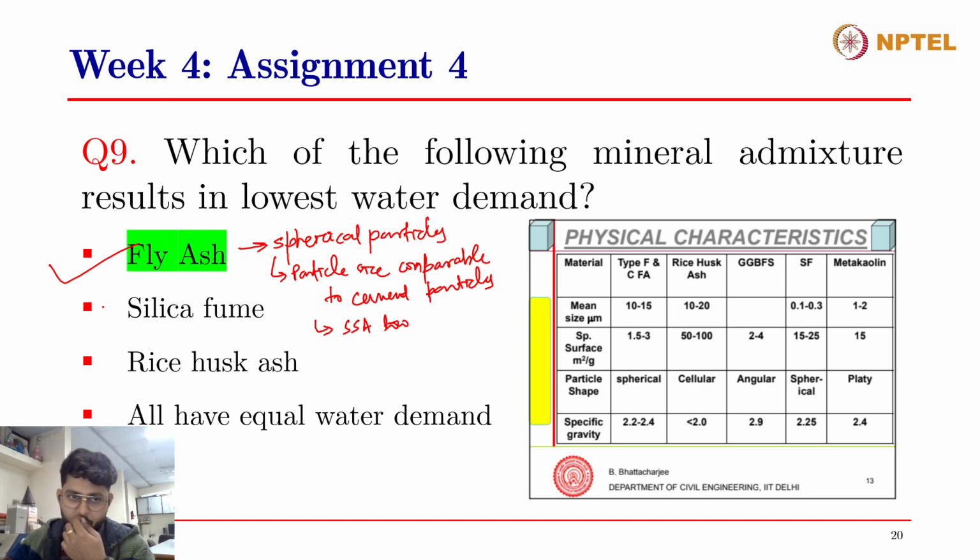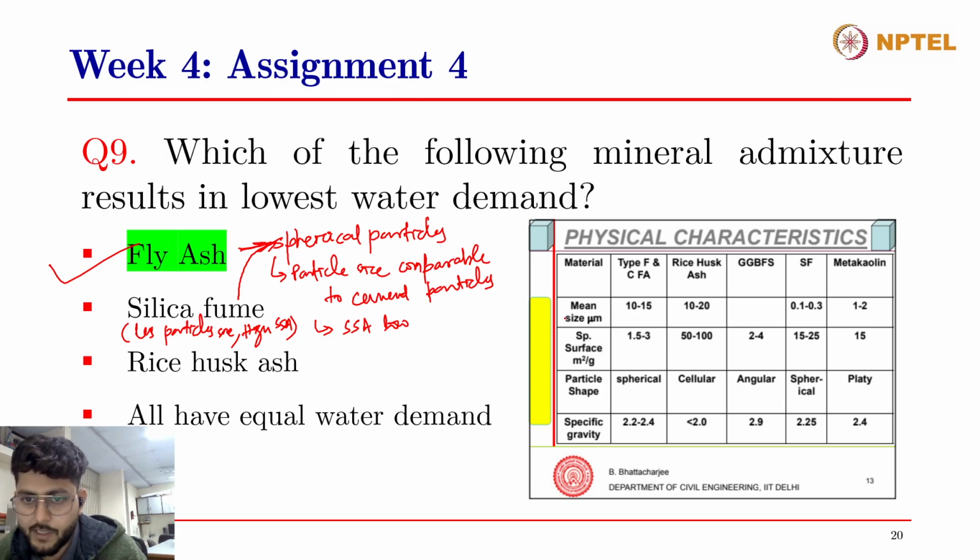Both fly ash and silica fume have spherical particles, but silica fume has a very small particle size, as we discussed, and hence a high SSA in the case of silica fume. But in the case of fly ash, as you can see on this view graph, the mean size in micrometers ranges around 10 to 15, which is similar to that of cement. Similarly, for rice husk ash, it is around 10 to 20.